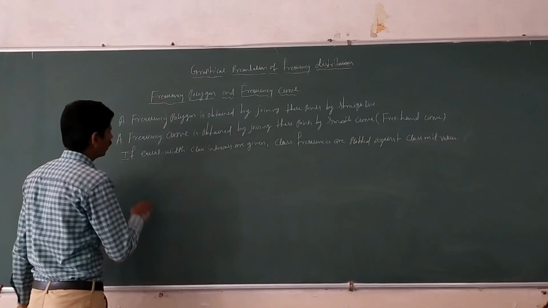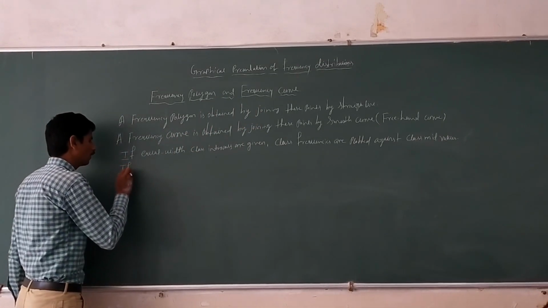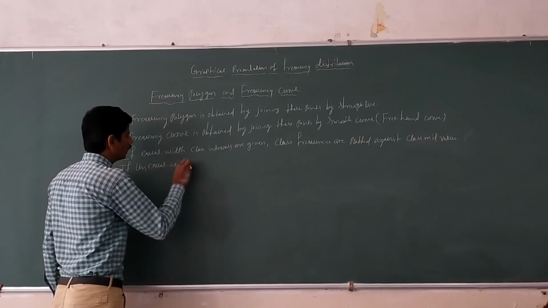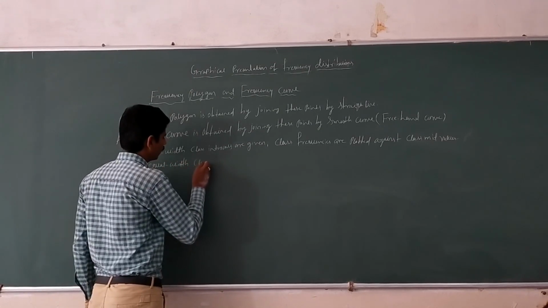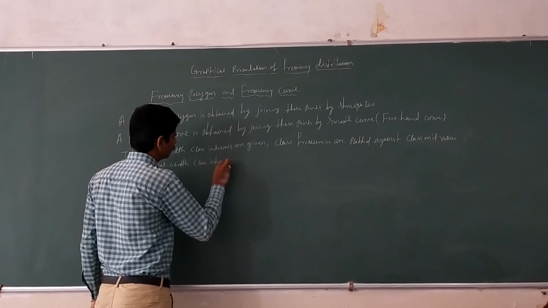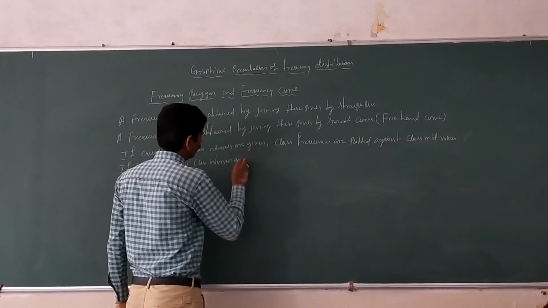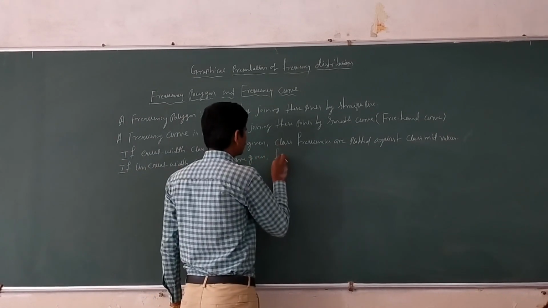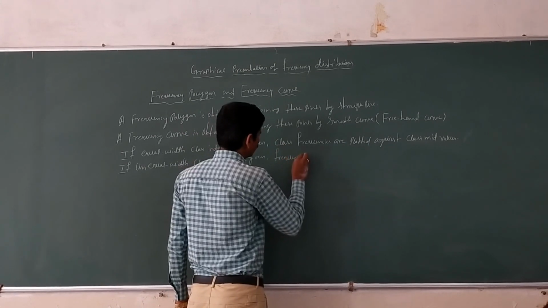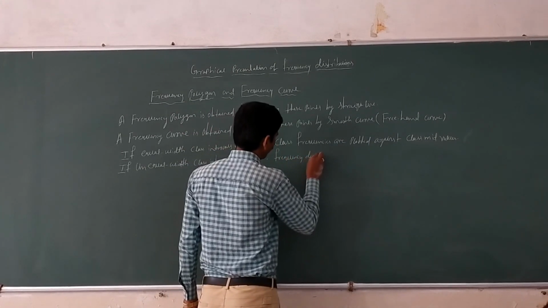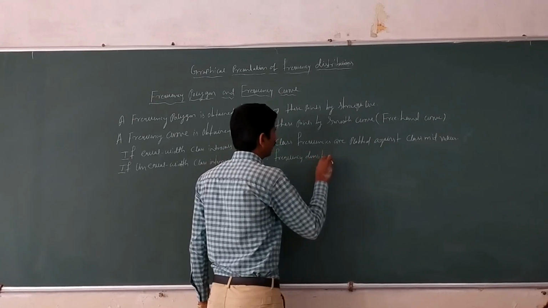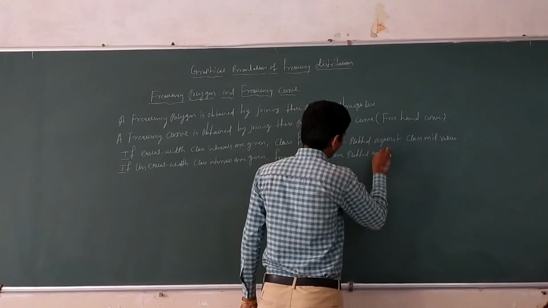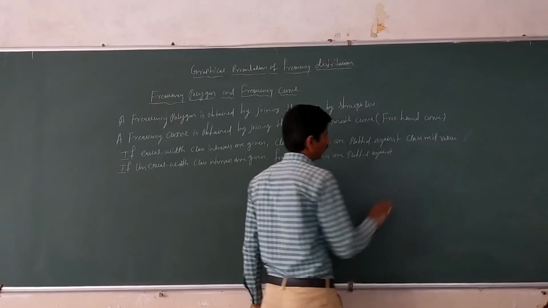Next, if unequal width class intervals are given, frequency densities are plotted against class mid values.